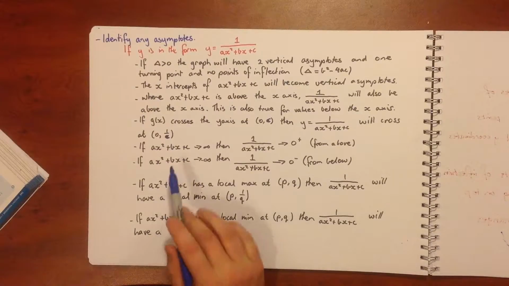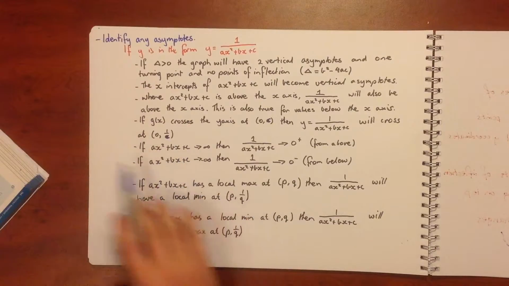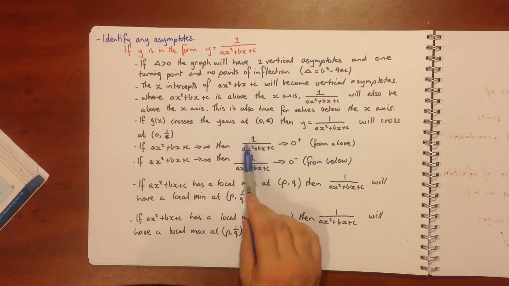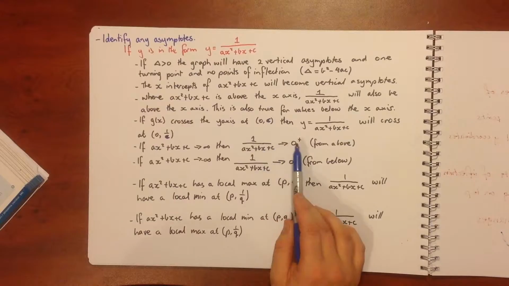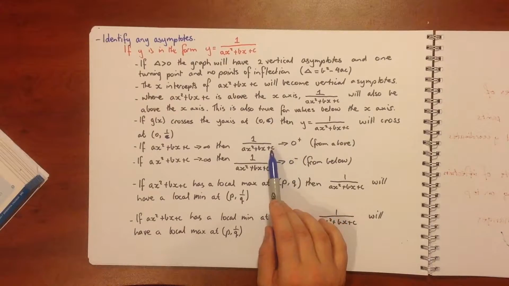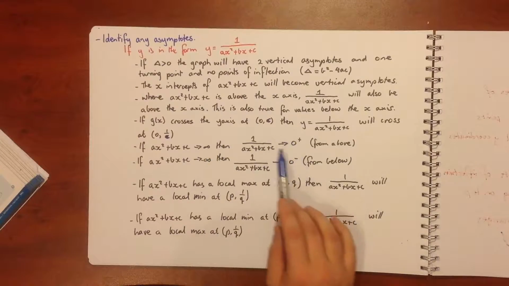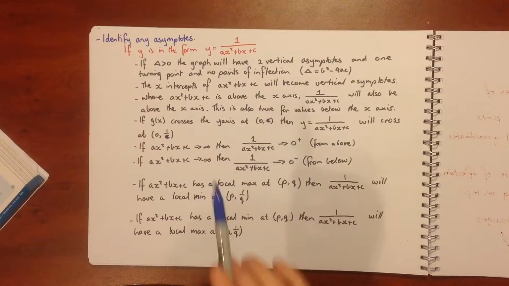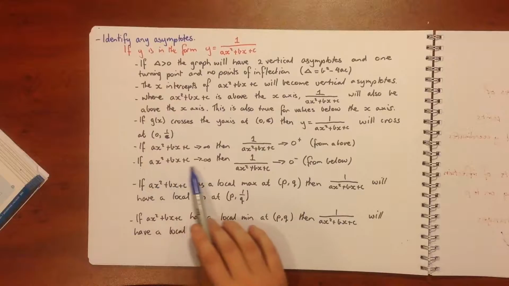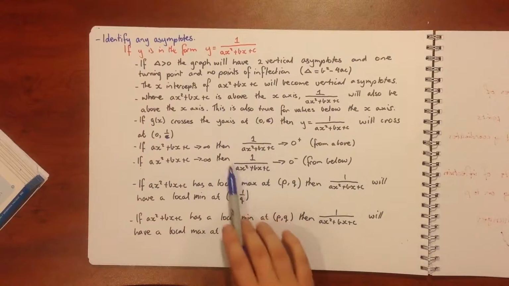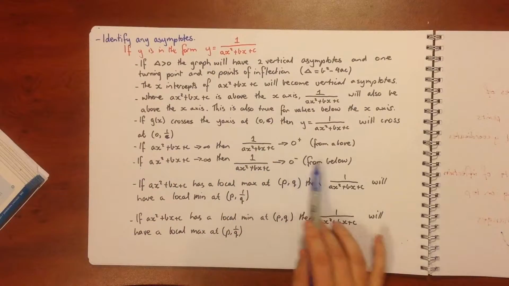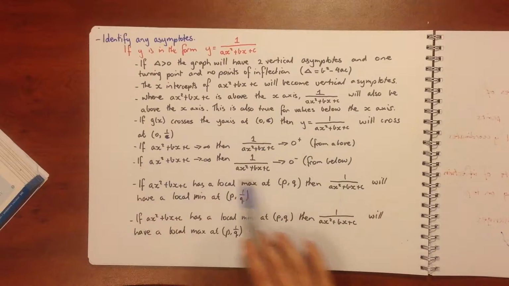As this approaches infinity, 1 divided by infinity is going to be 0. So if we approach positive infinity, we approach our asymptote from above. If this approaches negative infinity, then this is going to approach 0 from below. So we're talking about horizontal asymptotes in this part.